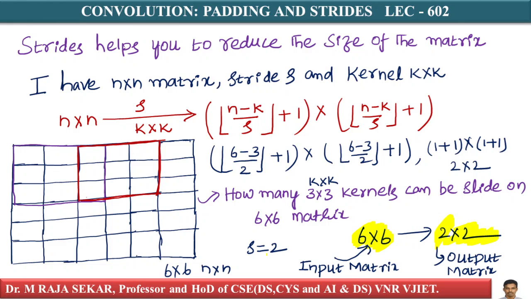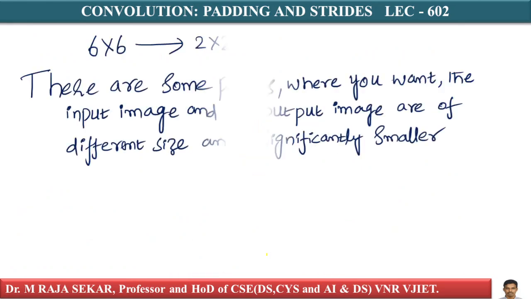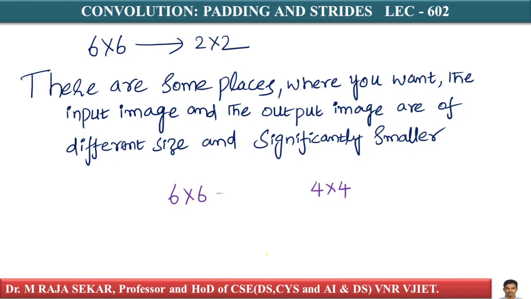There are some places where you want the input image and the output image to be of different size and significantly smaller. Remember, if I just had 6 by 6, with k equal to 3, and s equal to 1, what happens?